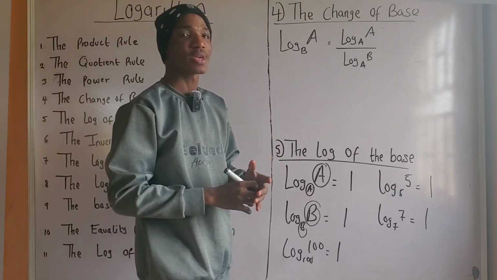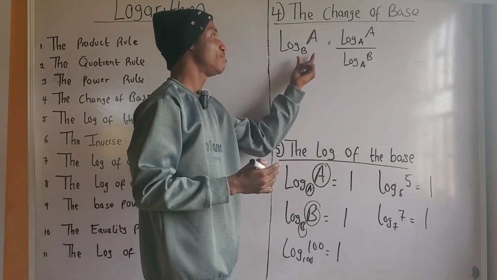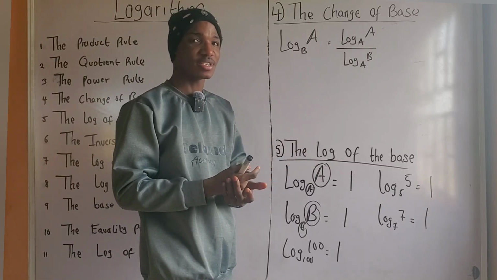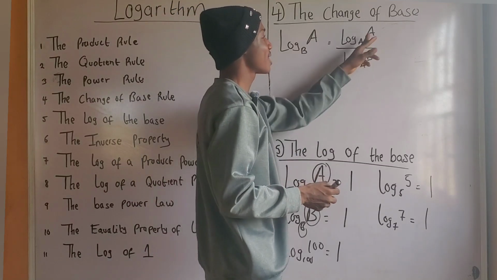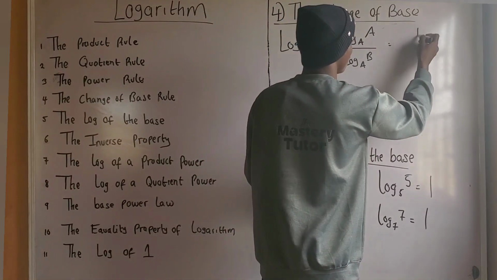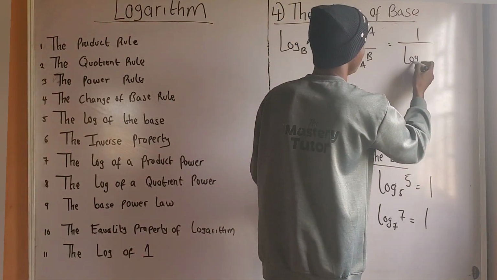The base is B before, do you know? Then I change the base to A. Do you understand? So since log A base A will give me 1, the result of this will be 1 all over log B base A.